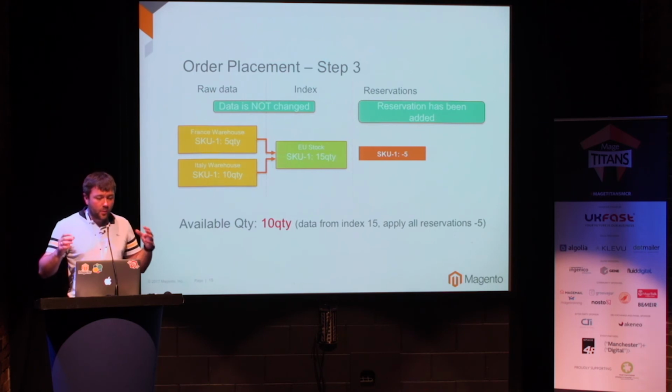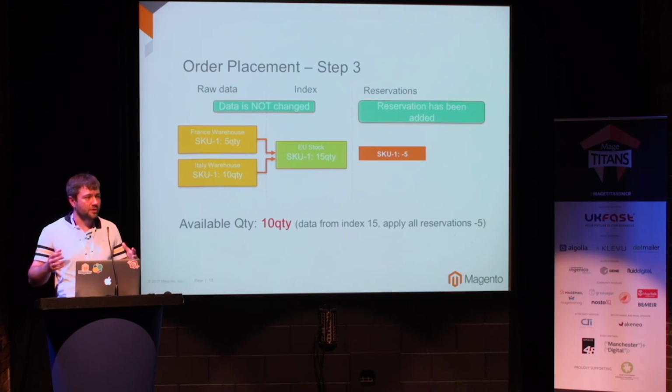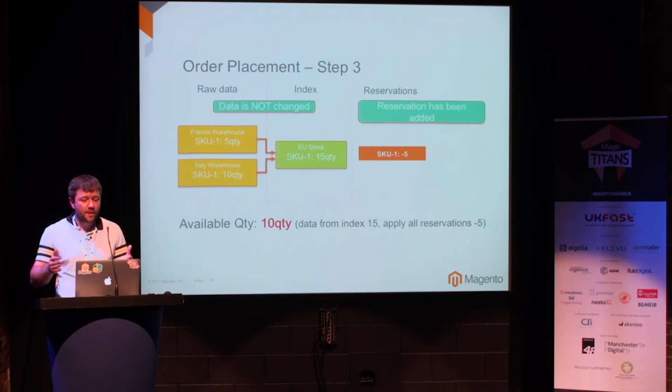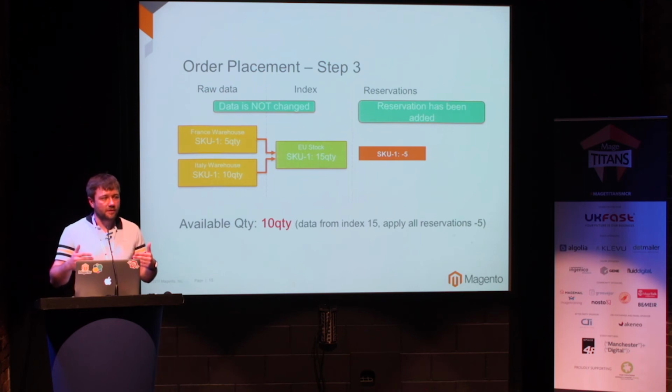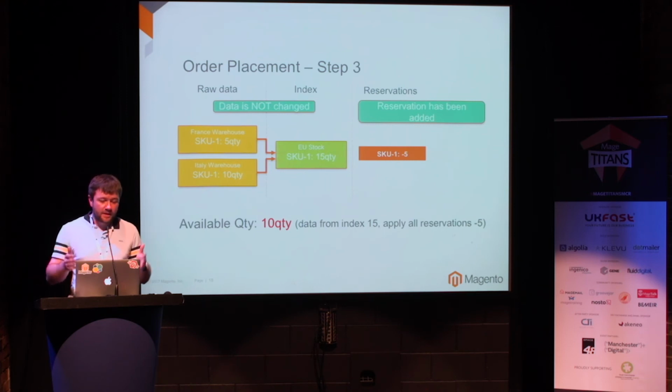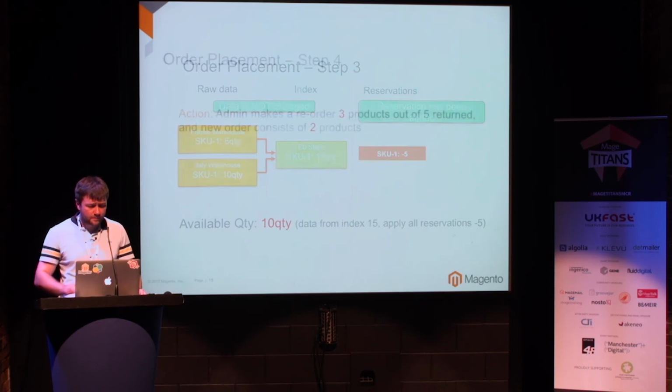When another customer comes to the site and wants to see what quantity of the product is available, we take the data from the index, 15, and apply all the reservations. That's pretty simple mathematics: 15 minus 5, and we end up with 10 products available to be sold.